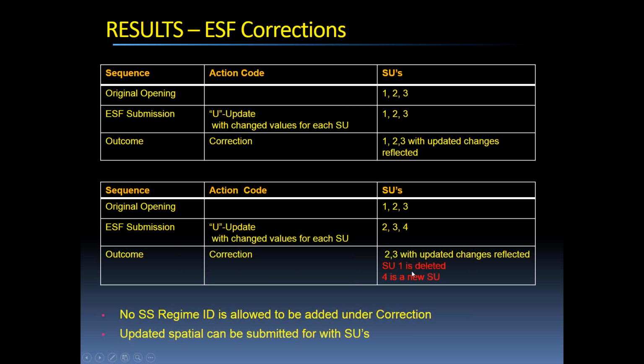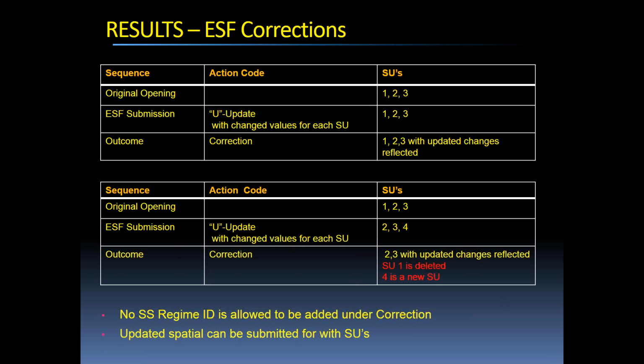But because standards unit 1 was not included in the document, it's assumed that it's going to be deleted. And because 4 is a new standards unit that did not exist initially, it's treated as a new standards unit. This illustrates why, for correction, it's important to understand how the processing happens, because certain assumptions are made depending on whether or not you're providing all the standards units.